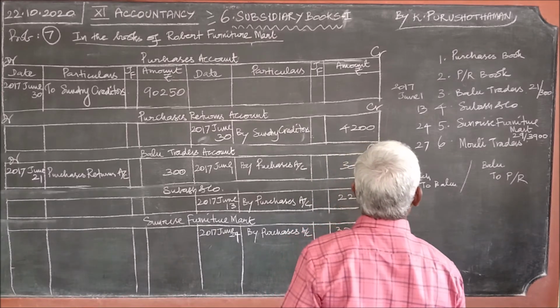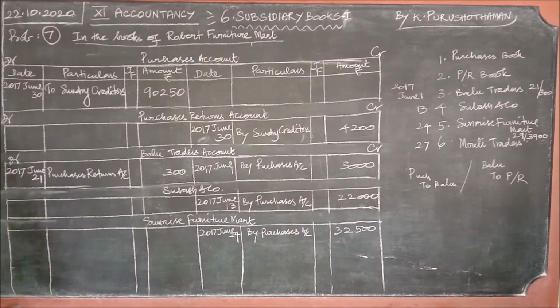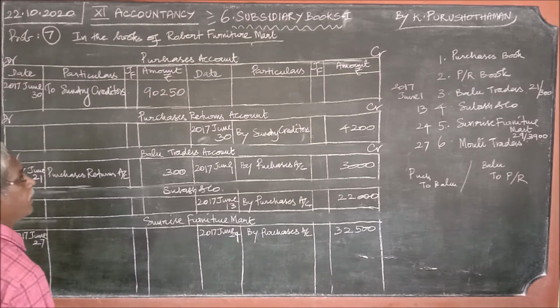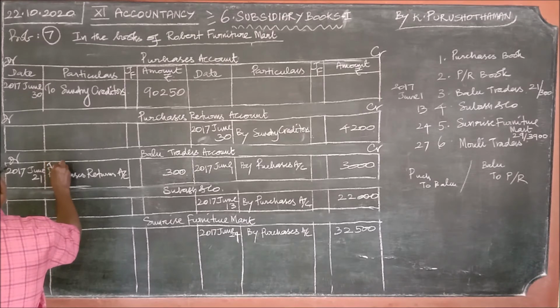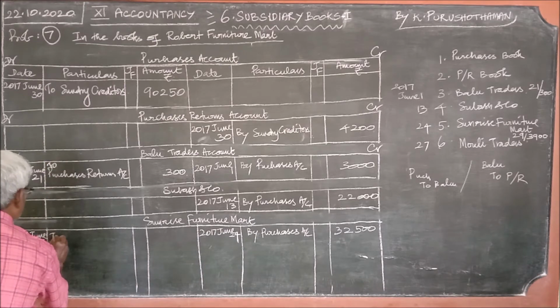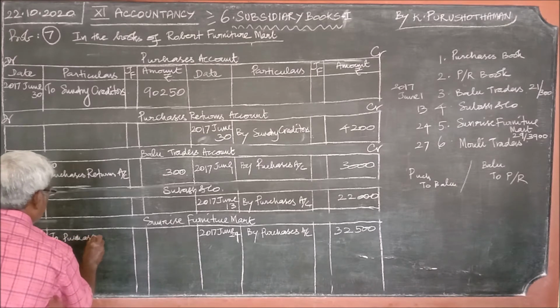And on the 29th there was some return. June 27th, 2017, there was some return amount, 3,900. So these two we should write to purchases return account.